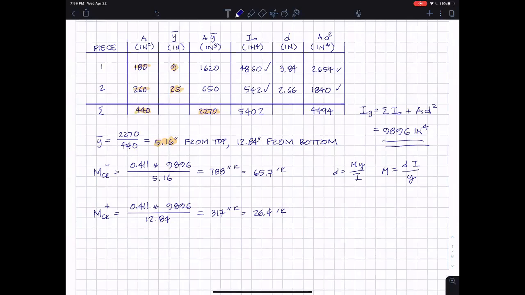We just calculated I. And what's different is the distance to the tension face. So for a negative moment, the top is in tension. So the distance from the centroid to the top was 5.16 inches. And you get 65.7 foot kips to crack that beam. And the distance from the neutral axis to the bottom for positive moment, where tension is on the bottom, is 12.84, and you get 26.4 foot kips to crack it in positive moment.